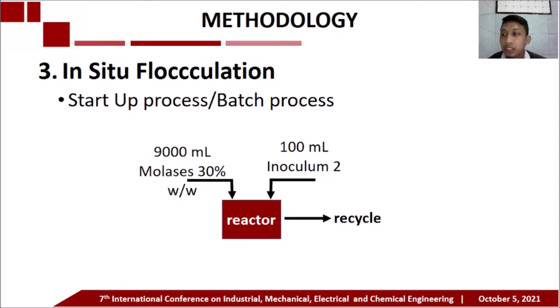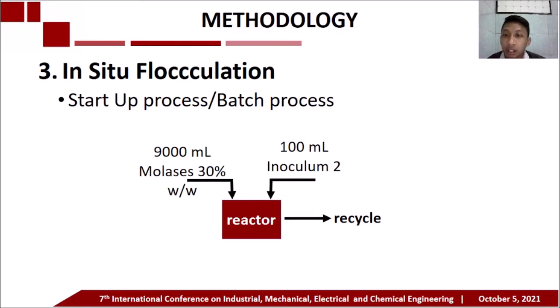1,000 milliliters of starter inoculum was inoculated into the molasses medium, and recirculation was switched on to distribute the molasses medium and inoculum homogeneously into compartments A and B. The first step was the start-up process, in which incubation was done at room temperature and recycling was switched on.